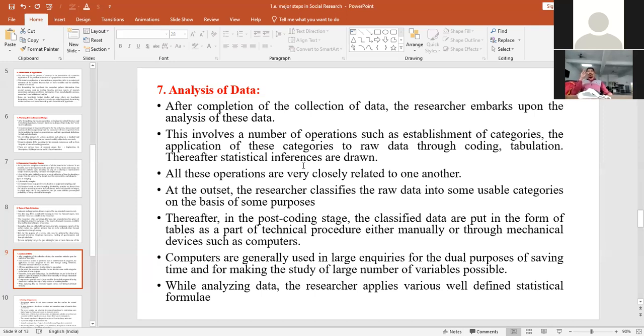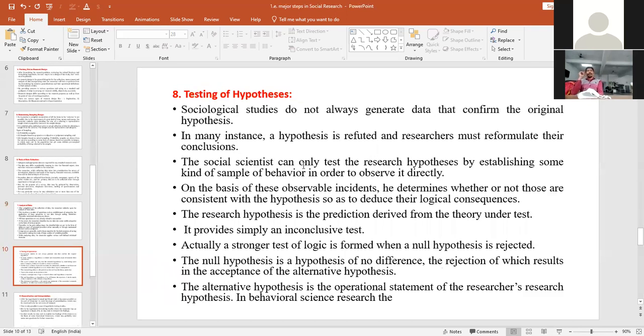So that is why while analyzing the data, the researcher can apply the various defined statistical formulations. So this is about the analysis of data, whereas the testing of hypothesis, each and every research in the social sciences particularly has a hypothesis. But after completion of the analysis of data, the hypothesis has to be tested by the researcher.